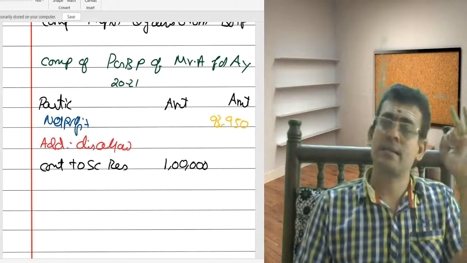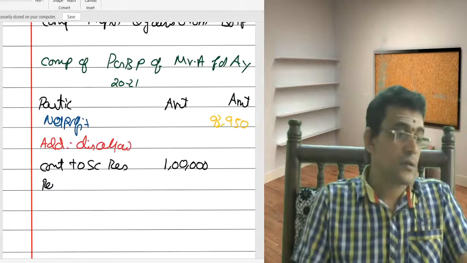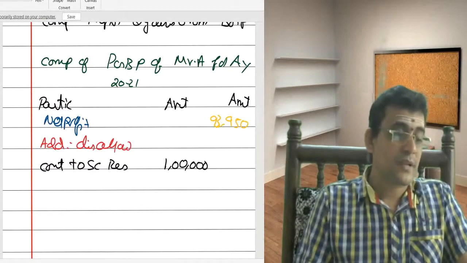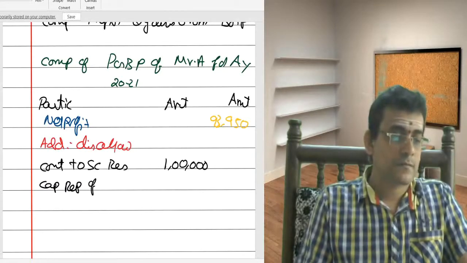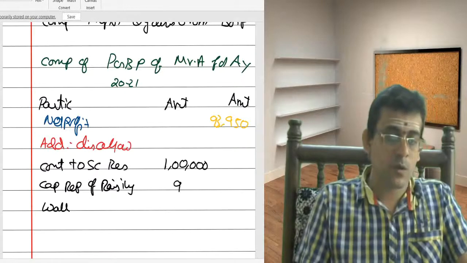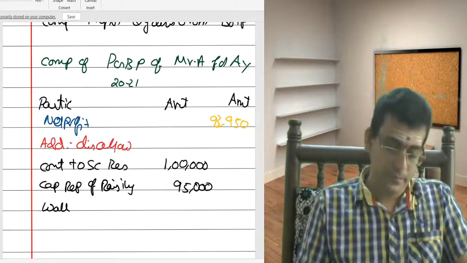So ultimately it is disallowed. So what am I going to do? Capital repair of raising the wall. Disallow. What is the cost of raising your compound wall? 95,000 rupees. I will simply disallow that.